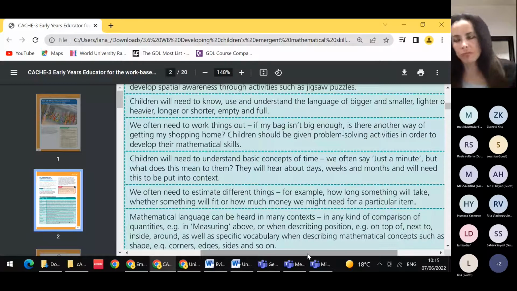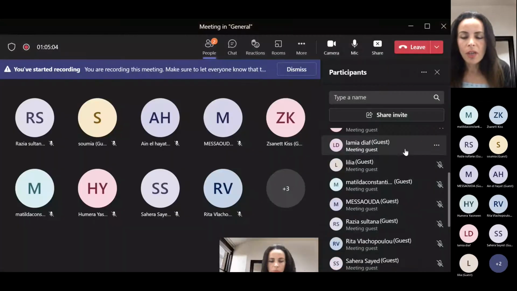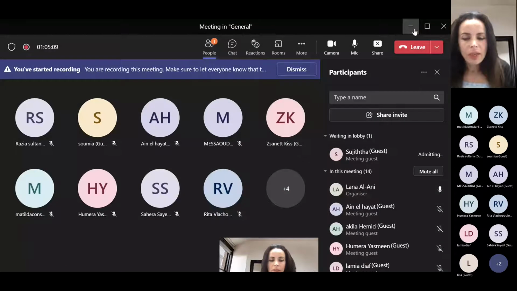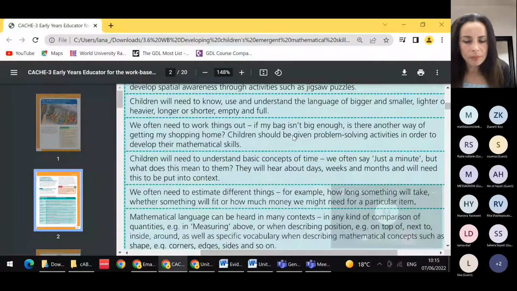You can't just buy one bag to take massive shopping. So what do you do? You buy another bag from the shop. So this is mathematics as well.